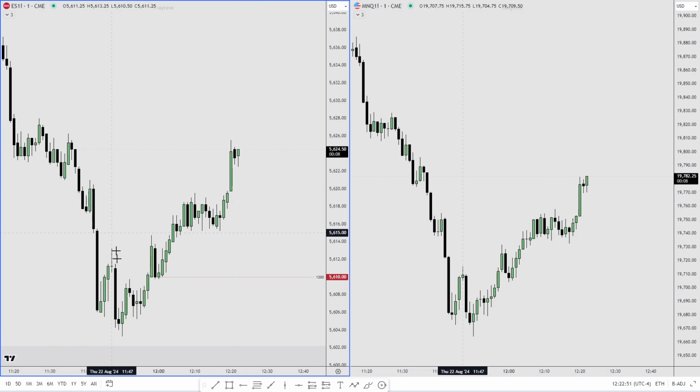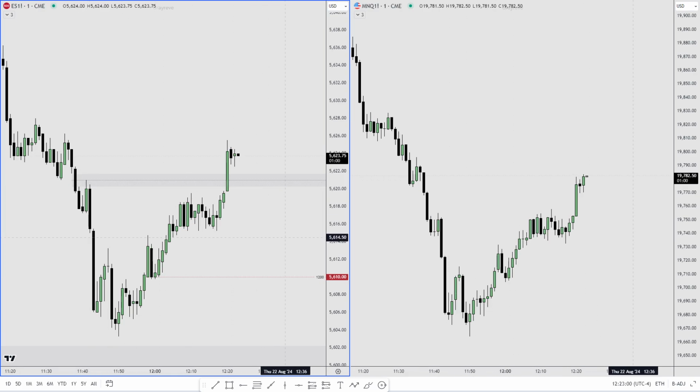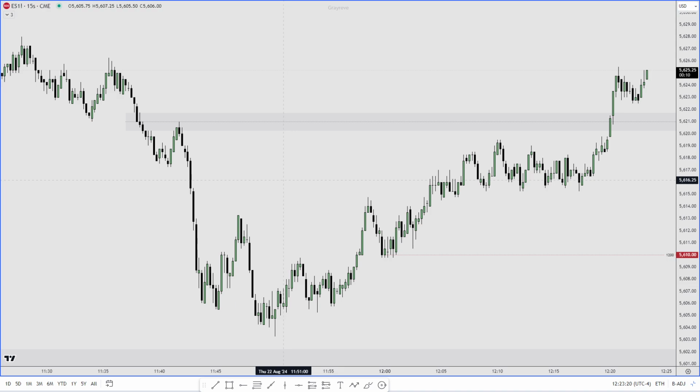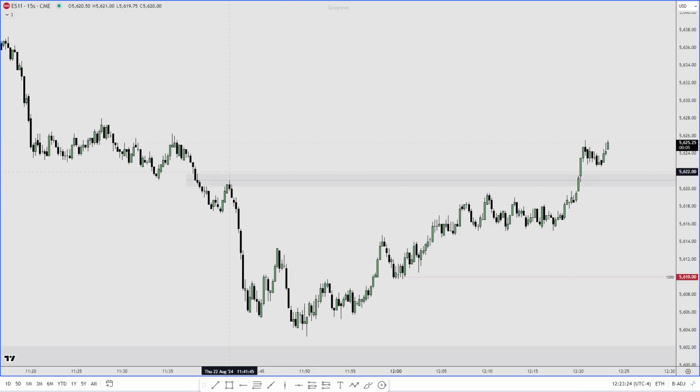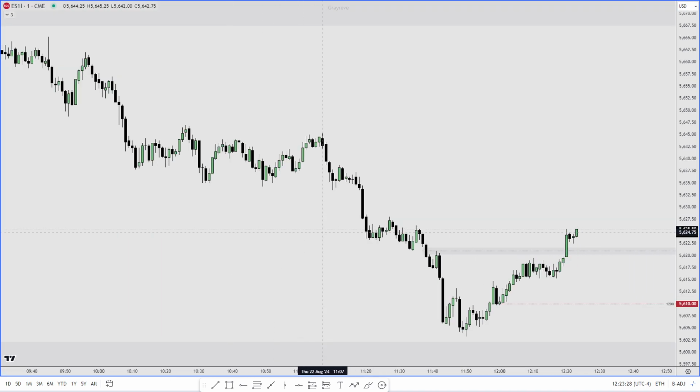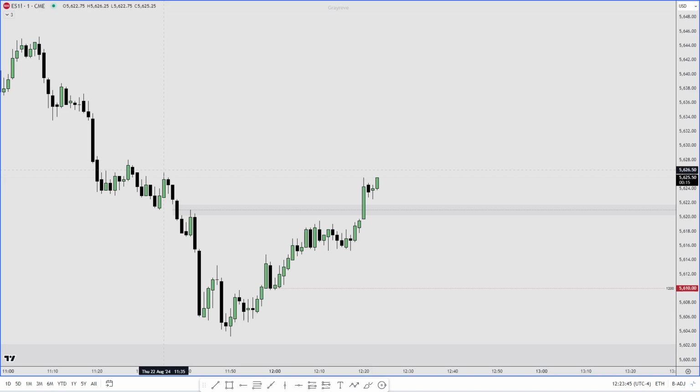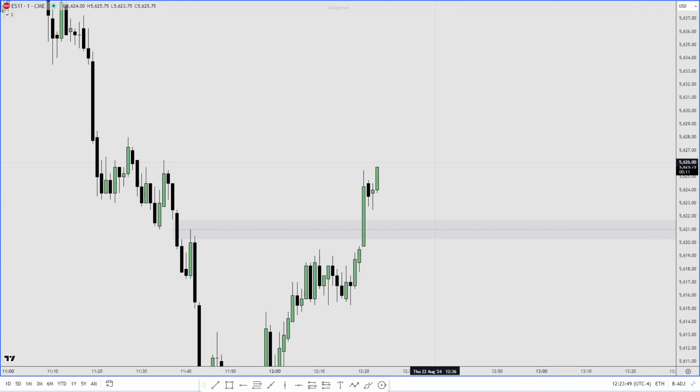Right, so now this has become an inversion fair value gap. This high here would be the 15 minutes fair value gap.